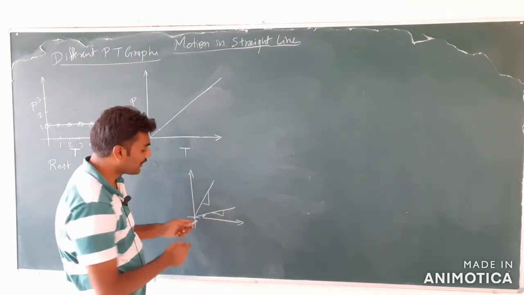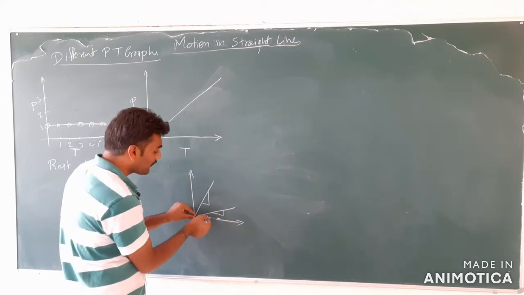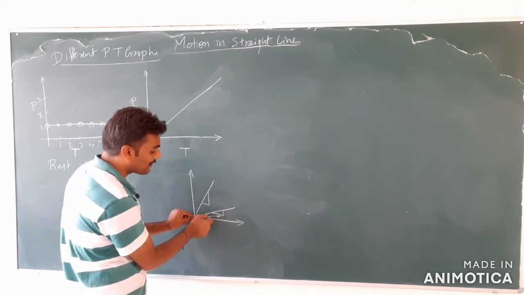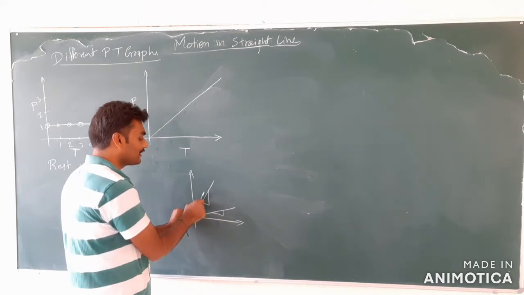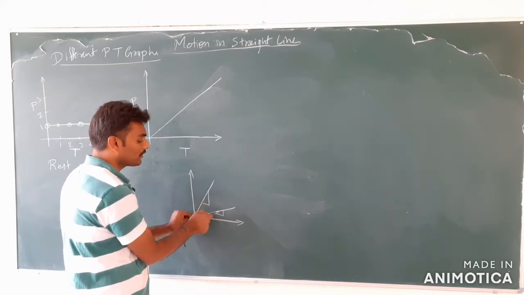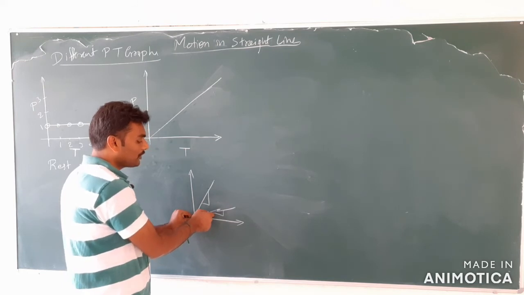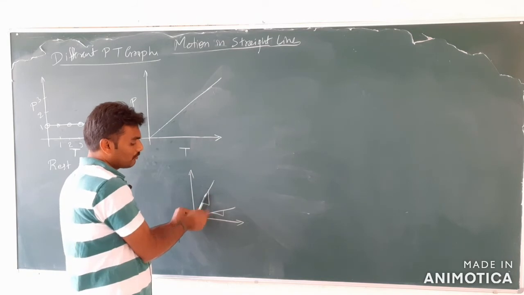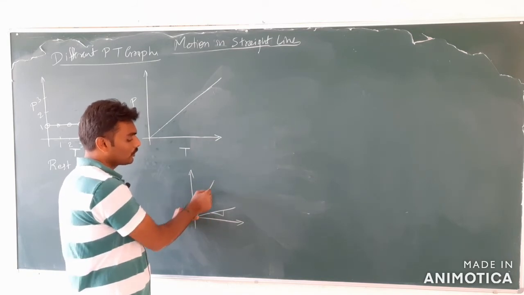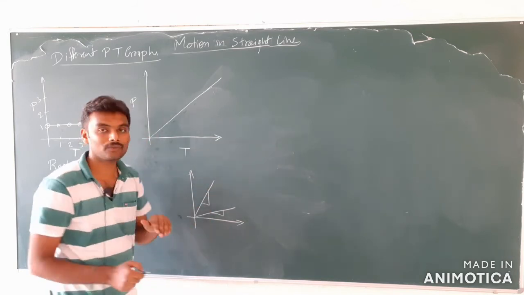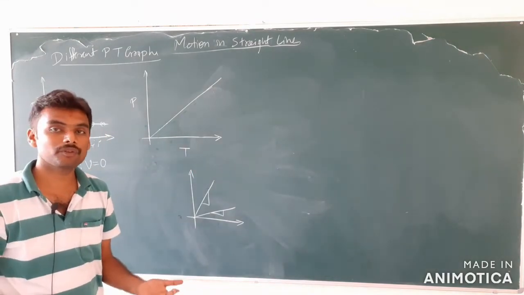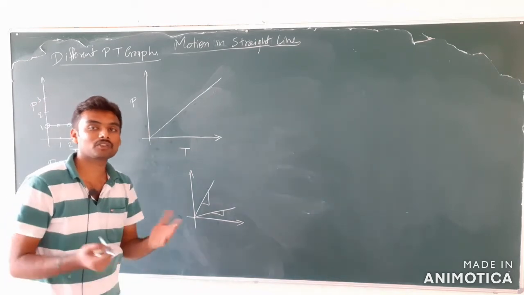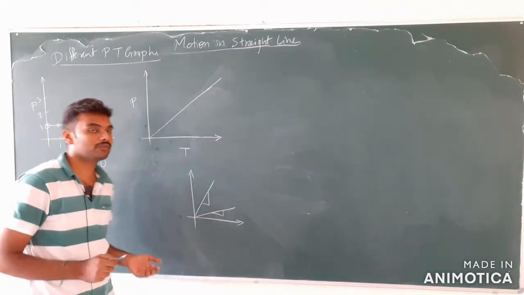But now to analyze, I can assume that more the deviation from the x-axis, more the slope is. So this one has less slope. This nib has deviated through much more angle, so slope is more. So for a PT graph, when the slope is more or less, it means that velocity is more or less, because slope itself is the velocity in a PT graph.